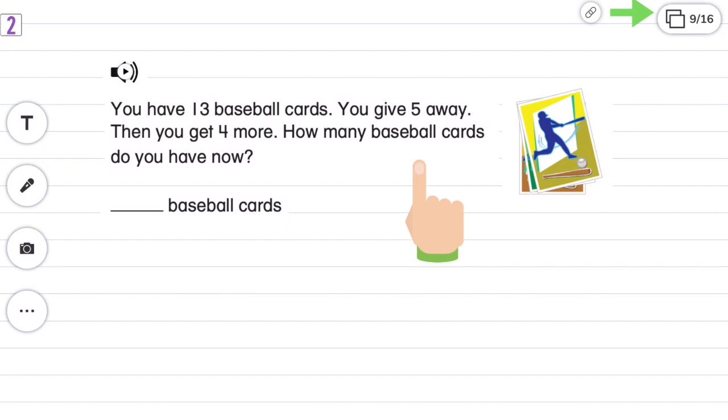Okay, this will be the last example. So let's get our white pen. Let's take out those numbers, because we want to make sure that we understand the problem, what the story problem tells us. Okay, now let's read it. You have blank baseball cards.